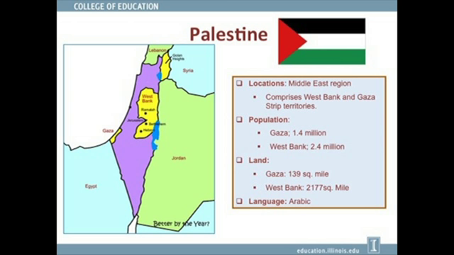However, the West Bank has lots of Israeli settlements and also lots of checkpoints, which take up about 110 square miles of the whole area.